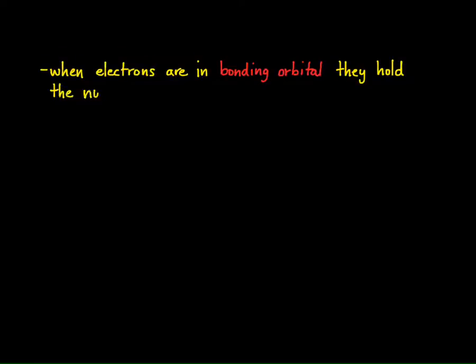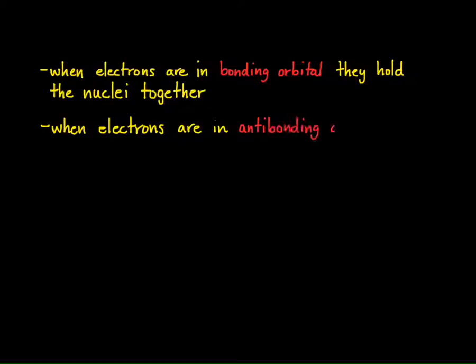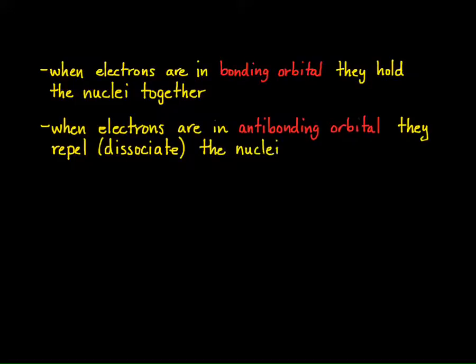When electrons are in a bonding orbital, they hold the two nuclei together. When electrons are in an antibonding orbital, they repel, right? This is referred to as dissociation. They repel or dissociate the nuclei. In our example of hydrogen, all we have is a bonding orbital and an antibonding orbital.